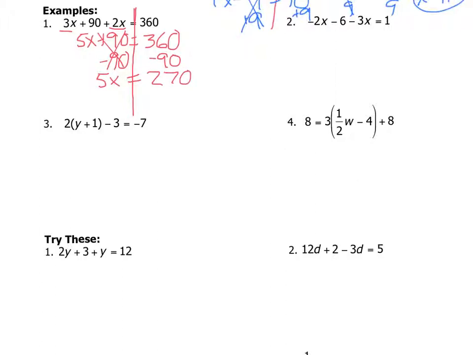And then I divide by 5 since 5x is just like 5 times x. And I end up with x equals, don't tell me, 54? Yep.